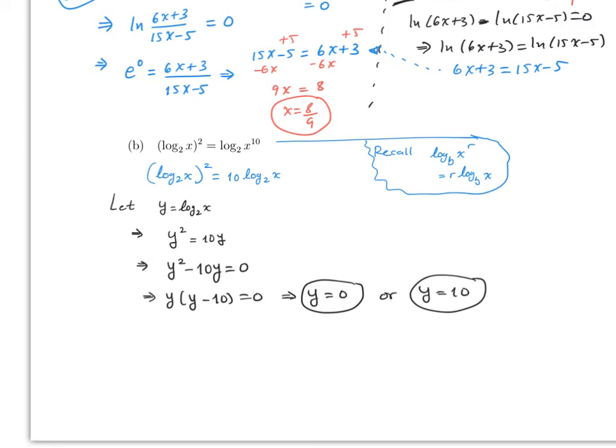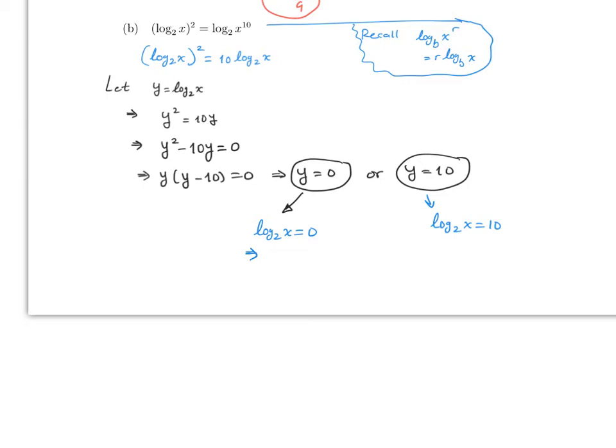Remember that y was defined to be log 2 of x. So therefore, this implies that log 2 of x has to be 0, and this one, that log 2 of x has to be 10.